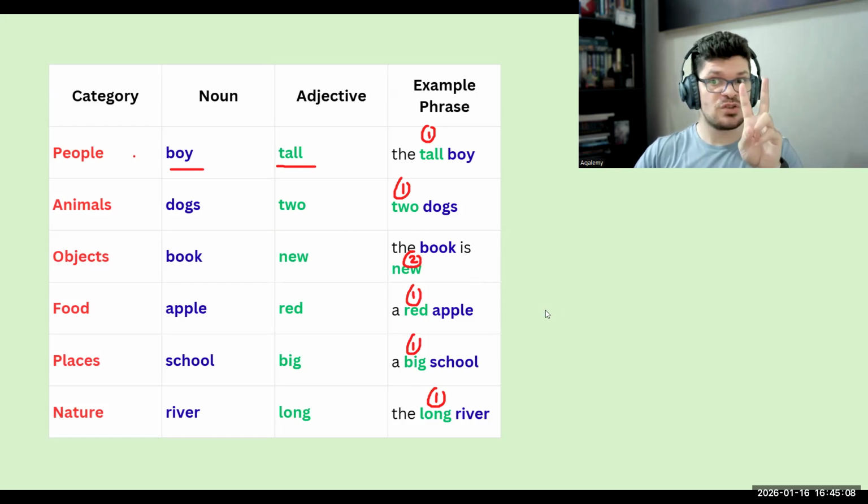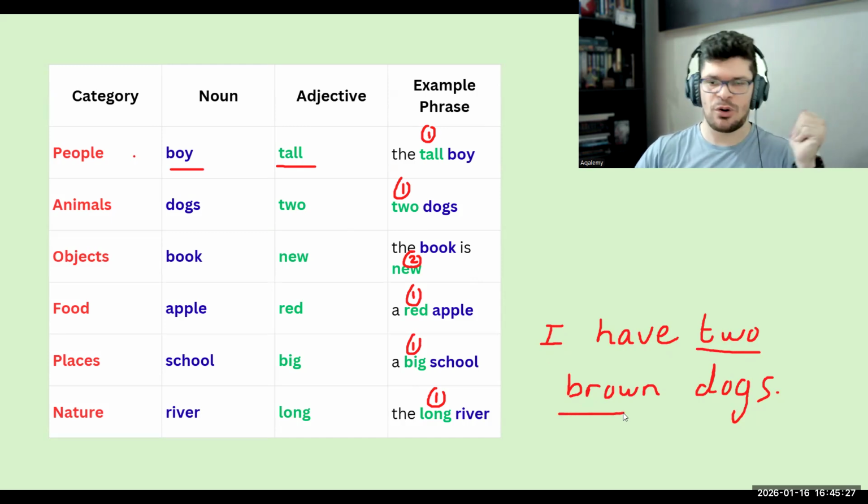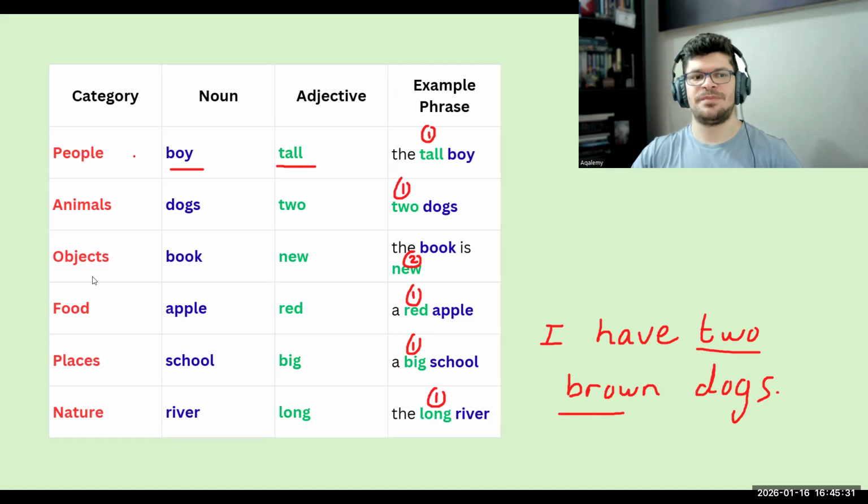Sometimes you can put 2 adjectives. Okay, I have 2 brown dogs. But it is before noun. Can you see? Dogs, it is telling us noun. 2 and brown are adjective before noun. So it is correct, the sentence. Object. Book, new. The book is new.